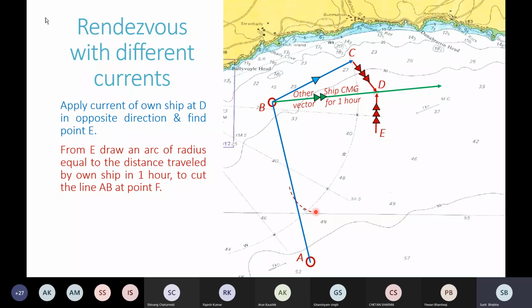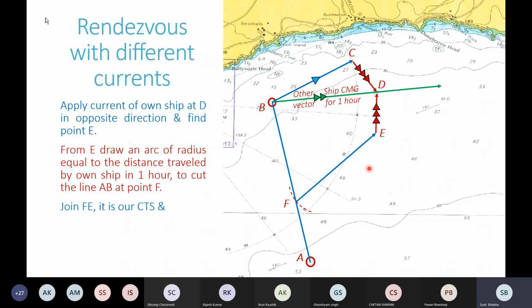So you can see this arc being drawn here. It cuts the line AB at a particular point. Let's name that point as point F. Now we join F with E. So we have this line now which is joining F with E, Foxtrot Echo.